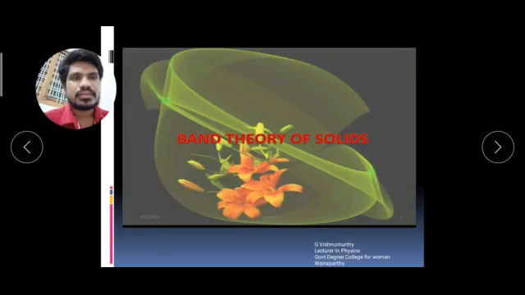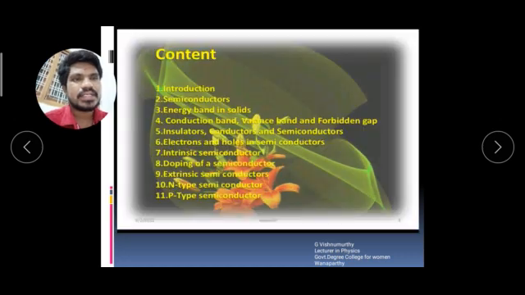So today's topic is band theory of solids. The content in this chapter: I covered introduction, semiconductors, energy band in solids, that is types of material, conduction band, valence band, and forbidden energy gap.